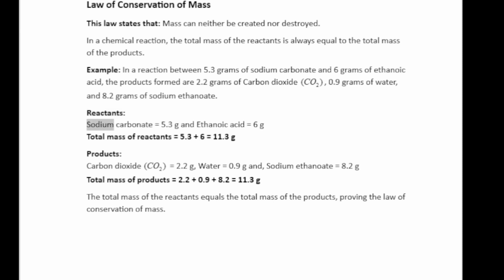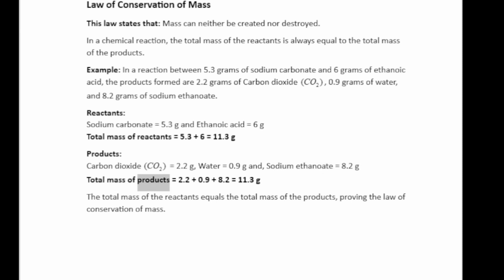Reactants: sodium carbonate is equal to 5.3 g and ethanoic acid is equal to 6 g. Total mass of reactants is equal to 5.3 plus 6 is equal to 11.3 g. Products: carbon dioxide is equal to 2.2 g, water is equal to 0.9 g and sodium ethanoate is equal to 8.2 g.